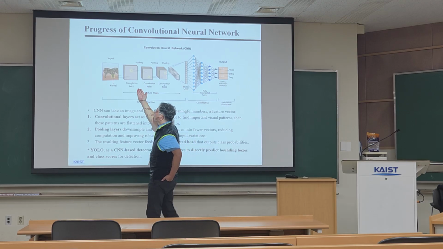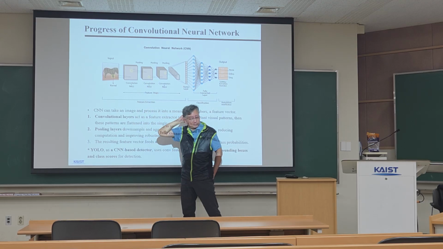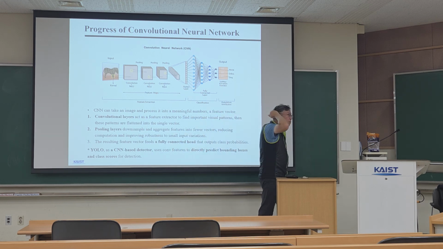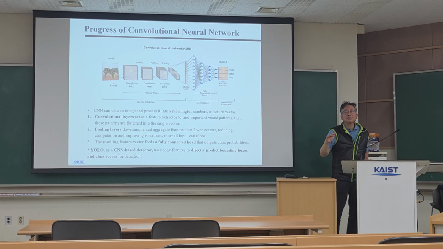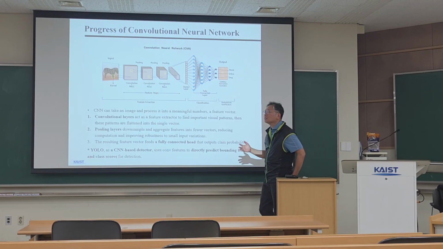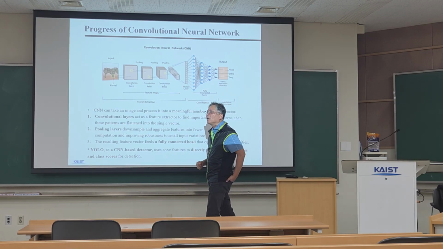Here is where ReLU comes in. Convolution is a linear process. Okay, it's a linear process. I hope if you have had signals and systems, you know that it's a linear system.